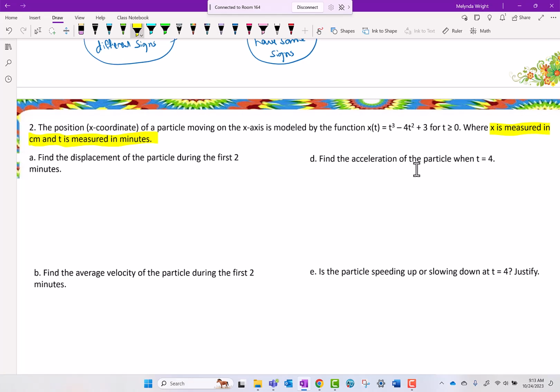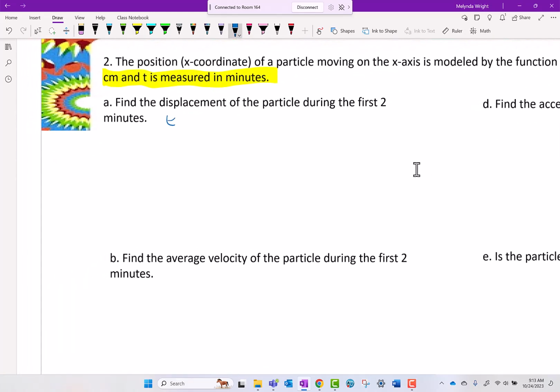So the first thing, they're asking us to find the displacement of the particle during the first 2 minutes. Displacement is end minus beginning. Right, and it's x of 2 minus x of 0. That's what I have to do.